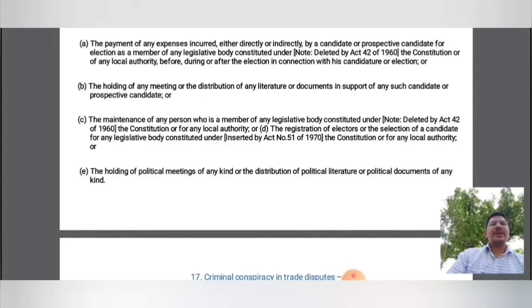It means any political agenda and the documents related to that will be covered under this fund, and the fund can be used for this particular purpose.